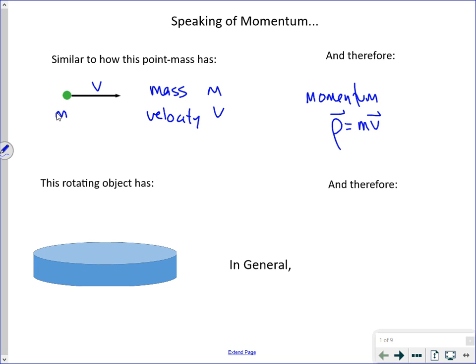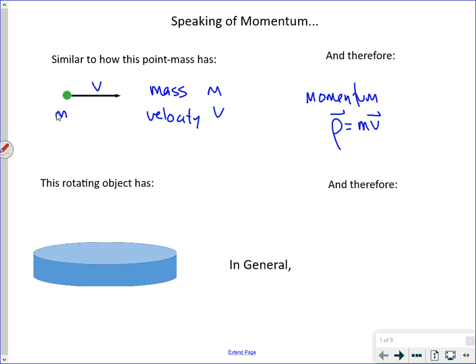This rotating object doesn't translate; the point mass has a translational velocity, but this rotating object has a rotational angular velocity, right? And it has a mass m, but it also has a distributed mass, and therefore we're not worried about only its mass, we're worried about its resistance, not just to linear motion, but its resistance to angular motion or angular acceleration.